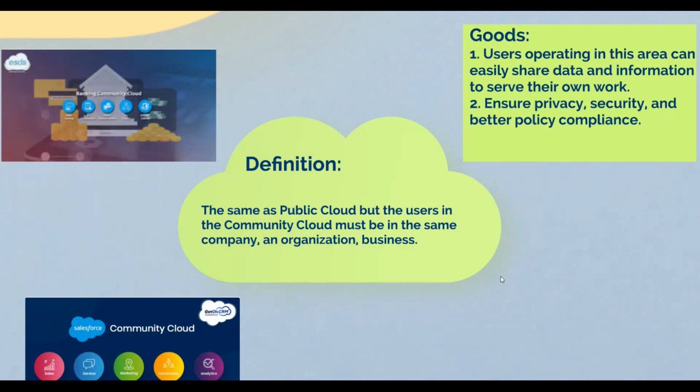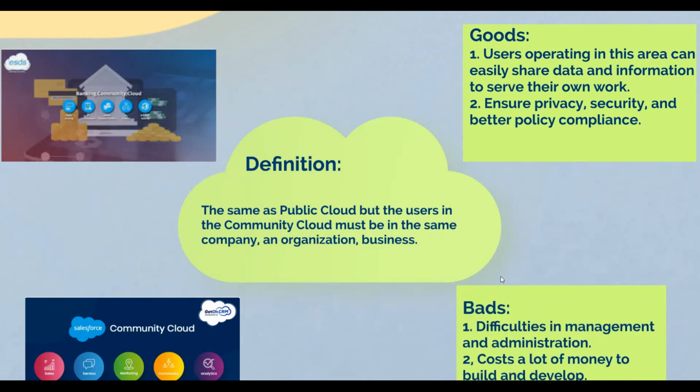The good sides are that organizations, businesses, and individuals operating in this area can easily share data and information to serve their own work, and it ensures privacy, security, and better policy compliance. The bad sides are difficulty in management and administration, and it costs a lot to build and develop.